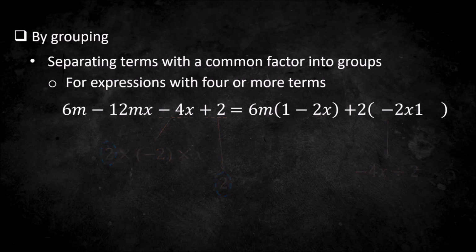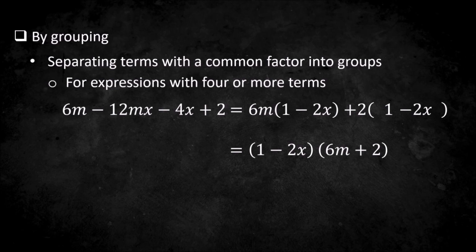The common factor between the groups is 1 minus 2x. After factorizing out 1 minus 2x, the factorized form is the product of 1 minus 2x and 6m plus 2. The expression 6m plus 2 can be factorized further by extracting the common factor 2.